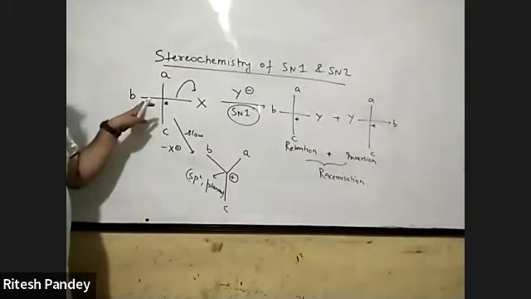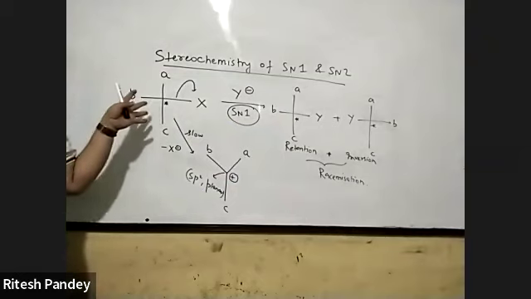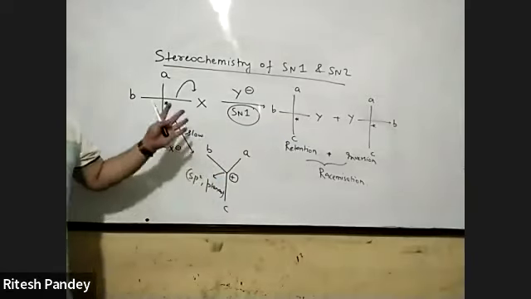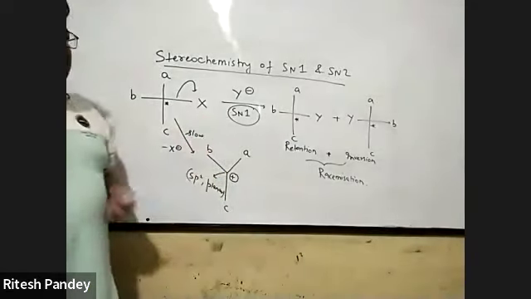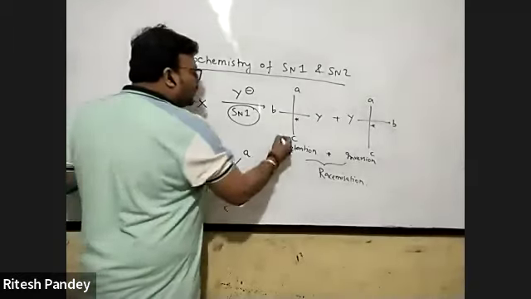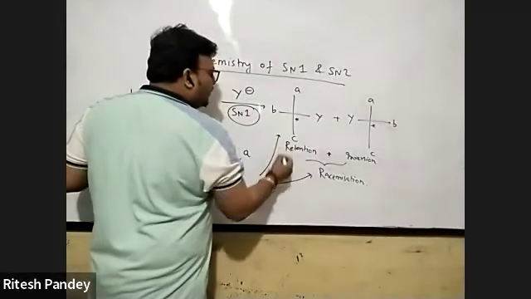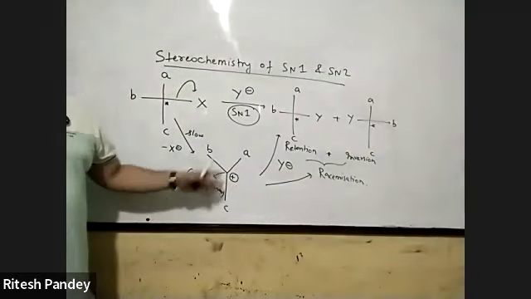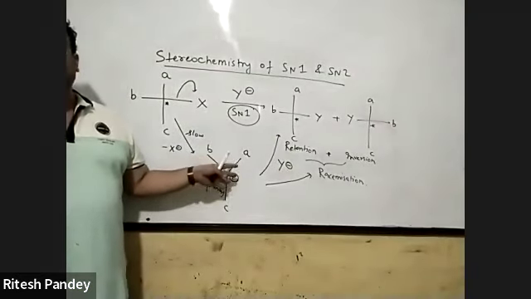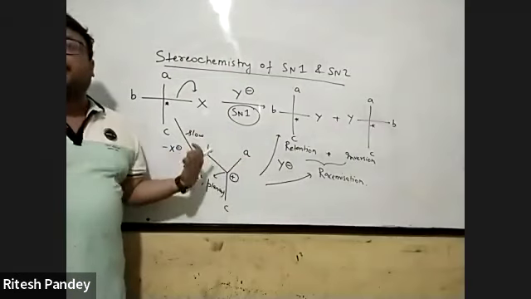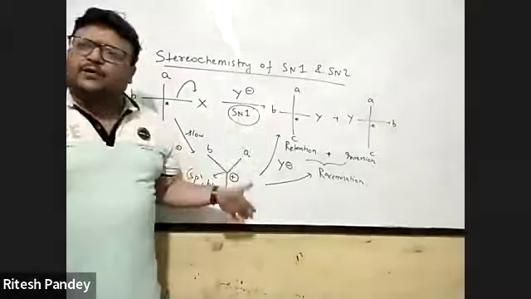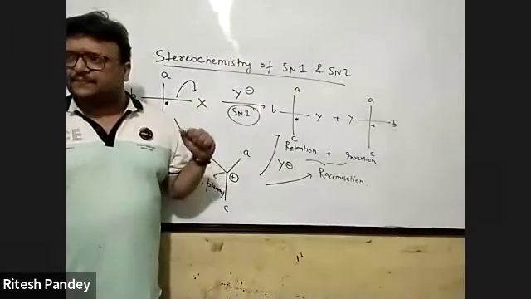So one tetrahedral is forming a carbocation which is flat planar, and then attack of Y minus, and realize because this is flat planar, Y minus could attack both from above and from behind the plane of the board. Let me take this whiteboard as the frame of reference.